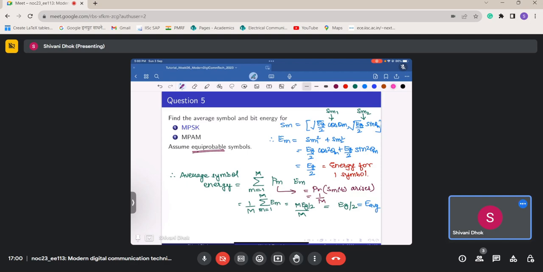And now what we need to find is the average bit energy, and this is given as average symbol energy upon the number of bits that I am transmitting. So if I have M symbols, the number of bits that I'll transmit will be log M to the base 2. So this comes out to be Eg upon 2 times log M to the base 2.